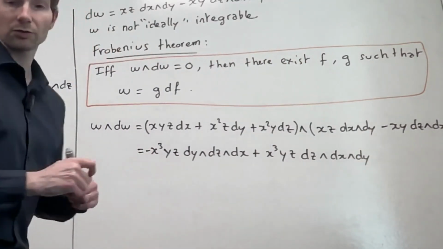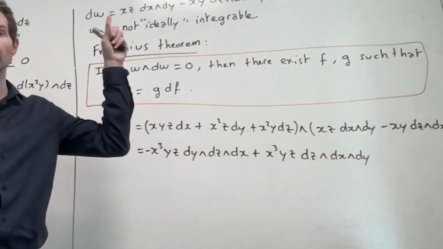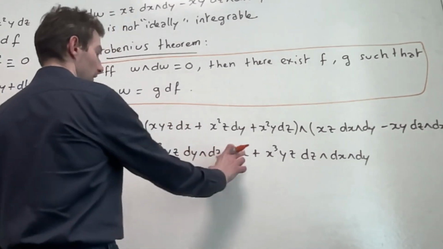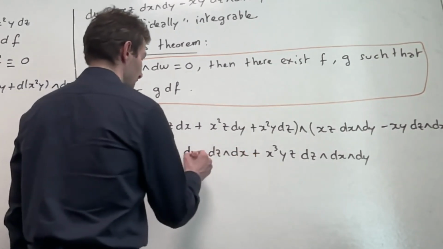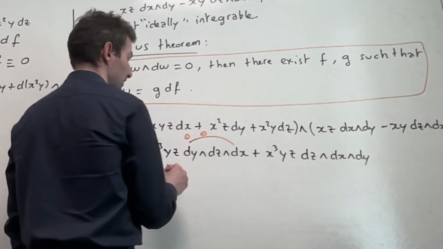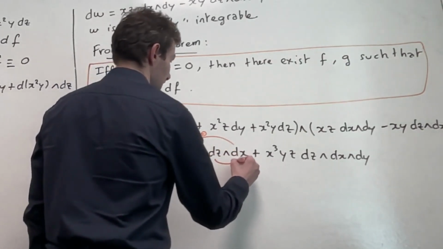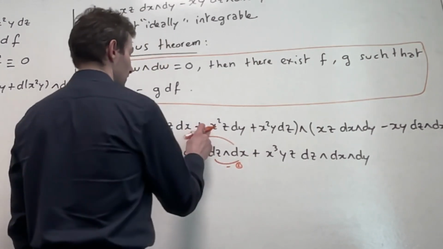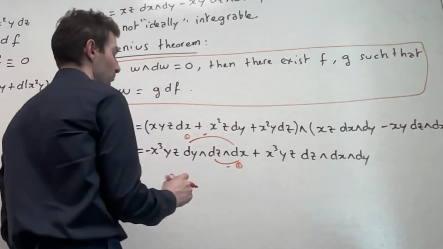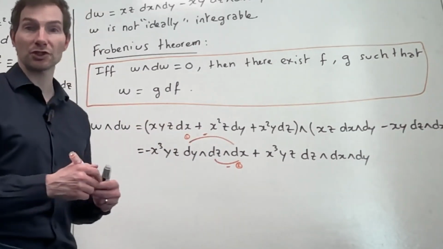Now we do something that we've done in some other video, which we looked at for calculating Hodge duals. The bottom line is that you need to get the dx here, so you swap this. That's swap number 1, and you get a minus sign. Then once you've got the dx there and the dz, as a second step you get another minus sign. So you've got 2 swaps to do, and therefore you multiply minus 1 times minus 1, which is plus 1.